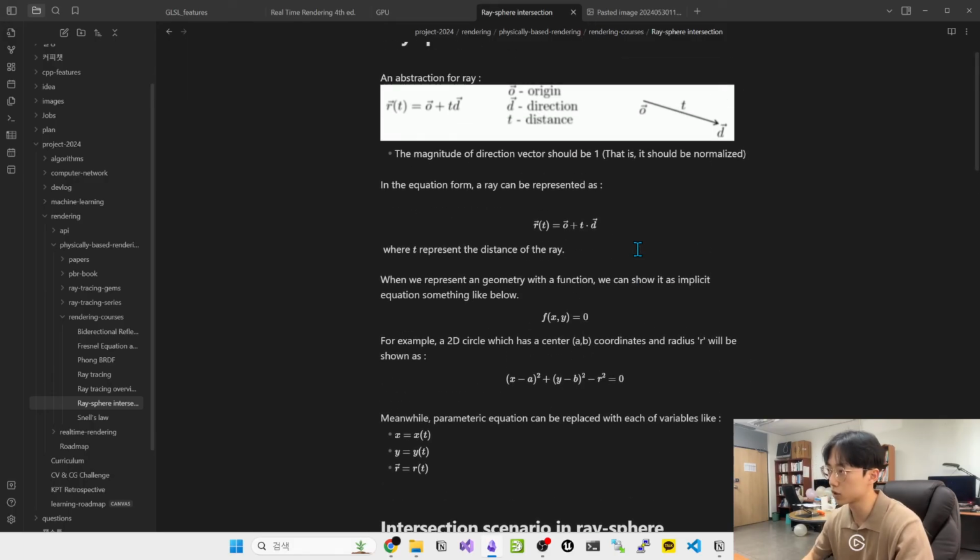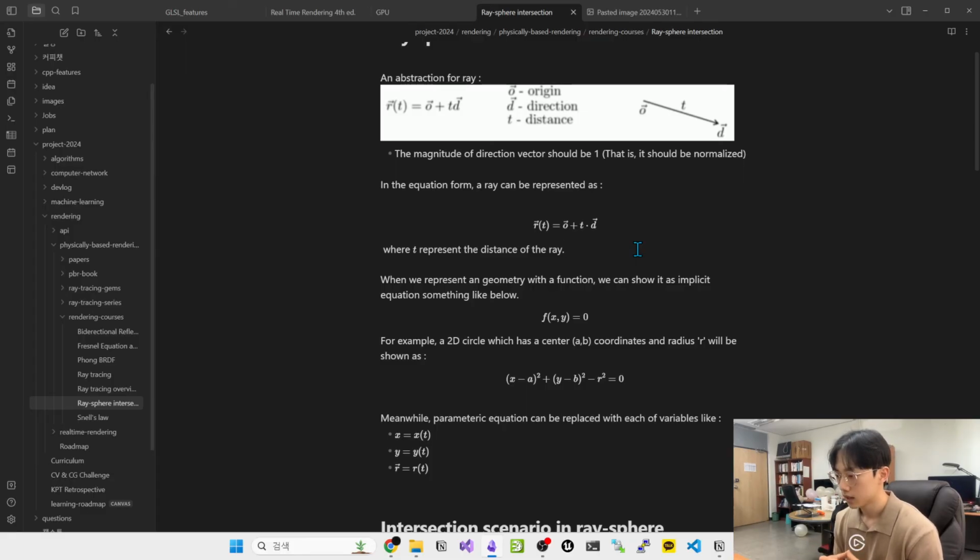When we represent geometry in computer graphics, there are several ways to do that. One method is to represent it as an implicit function, or in the rasterization pipeline, we can use a triangle mesh as we already know. In the latter case, we need to use the triangle and ray intersection method.